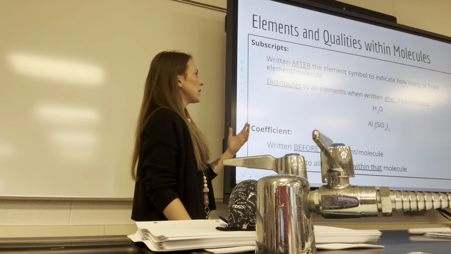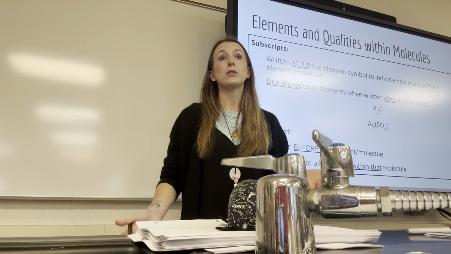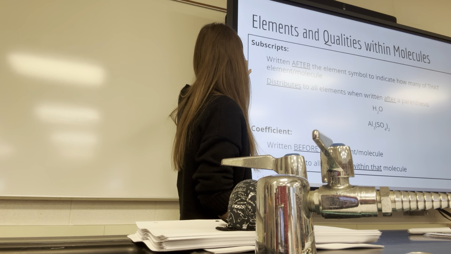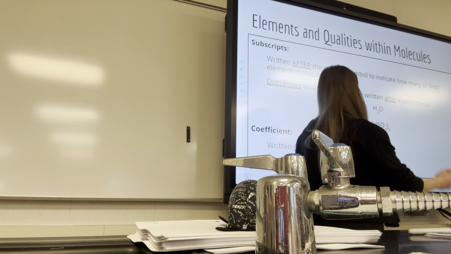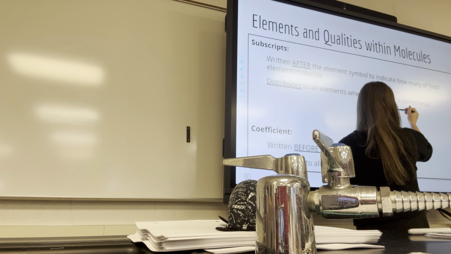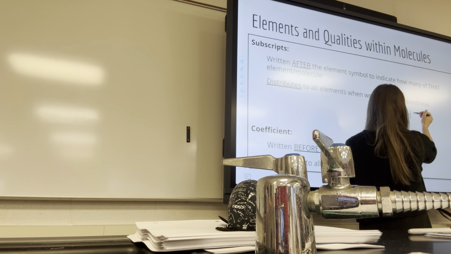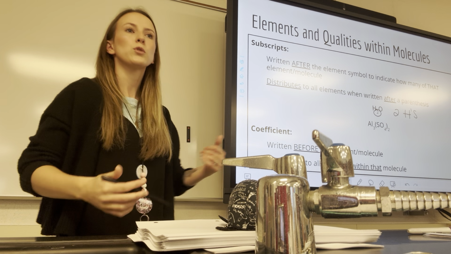These are written after an element symbol to indicate how many of that element is present. So, for example, looking at H2O over here, we see H2, which symbolizes 2 H's. So there's 2 hydrogens in H2O. That's what the subscript means there.